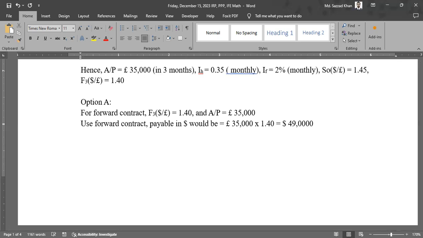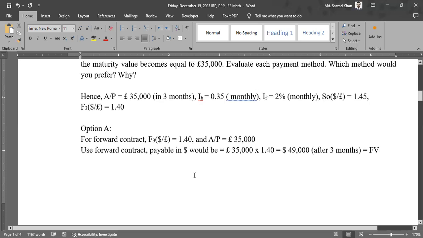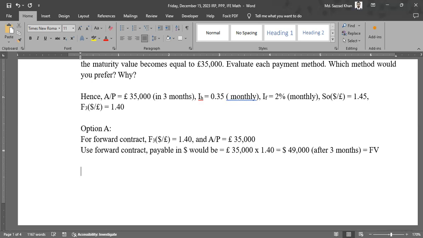49,000, right? However, this $49,000 is payable after 3 months, so this is actually the future value. But we are thinking, what is the cost right now? So we need to discount back to get the present value, isn't it?